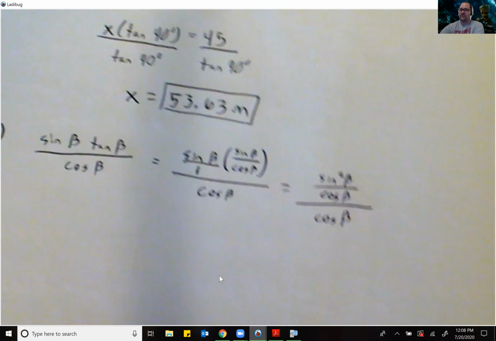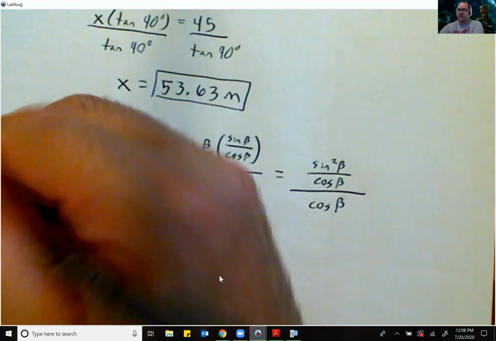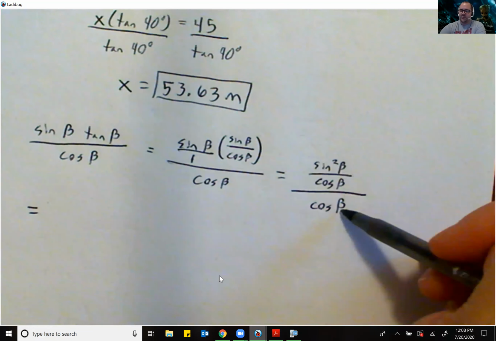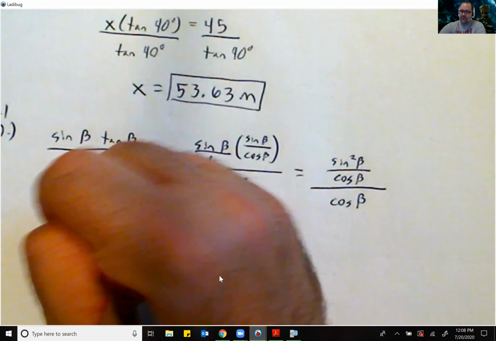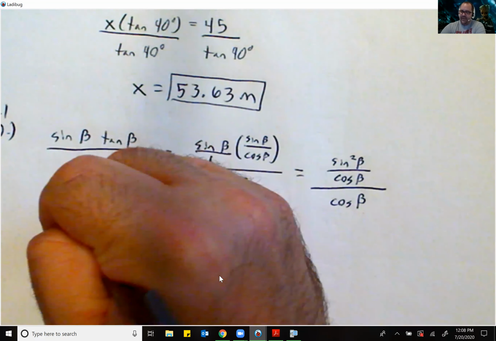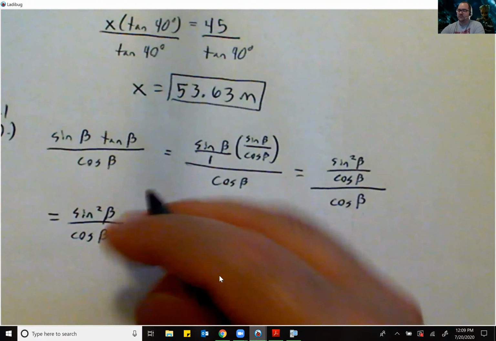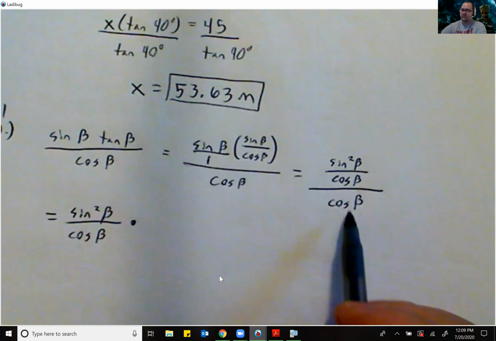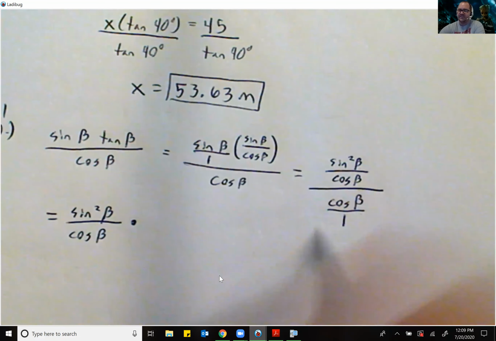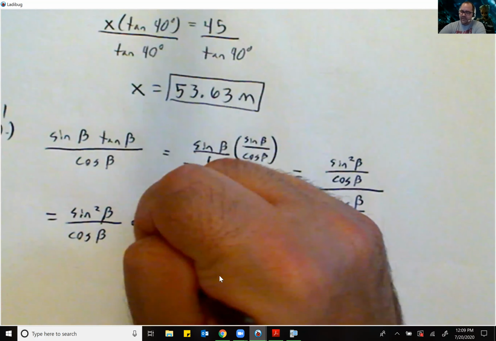Okay? Now remember, we don't divide fractions. We keep, change, flip. So we're going to keep the sine squared beta over cosine beta. Division becomes multiplication. This guy is actually over the number 1. So if I take the reciprocal of that, flip it, I get 1 over cosine beta.